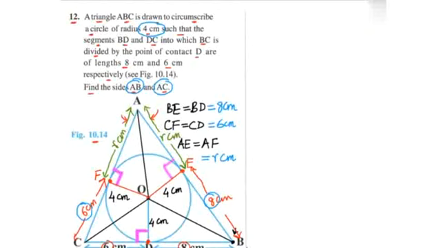Now let's start. So let's first calculate the area of triangle ABC using the sub areas, the three smaller areas, by which I mean the three triangles that form triangle ABC.